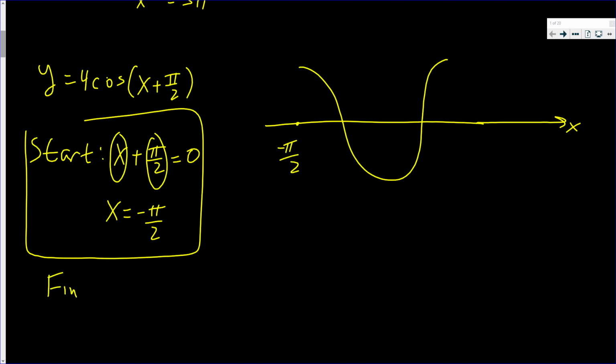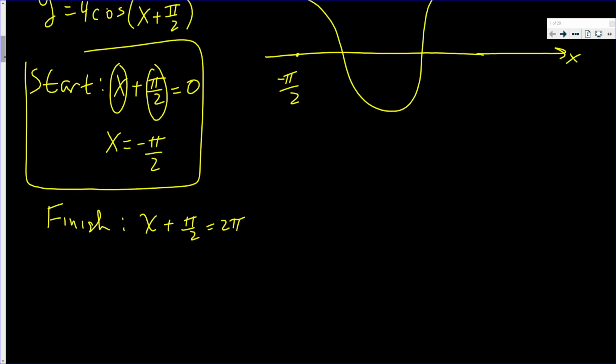Where we finish is where the angle is equal to 2 pi. Now, don't get caught up on the pi's. I mean, what plus a half equals 2? The answer is 1.5, 3 halves. So x should be 3 halves pi.